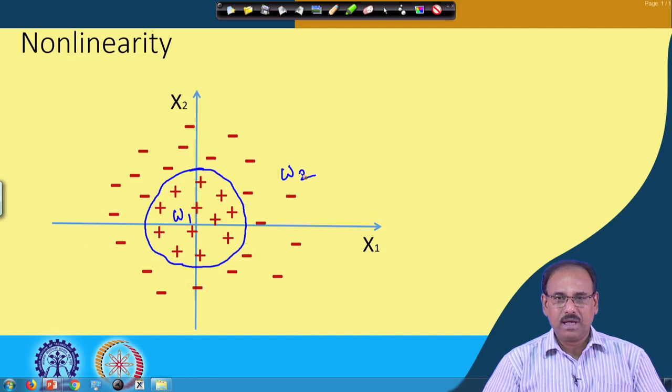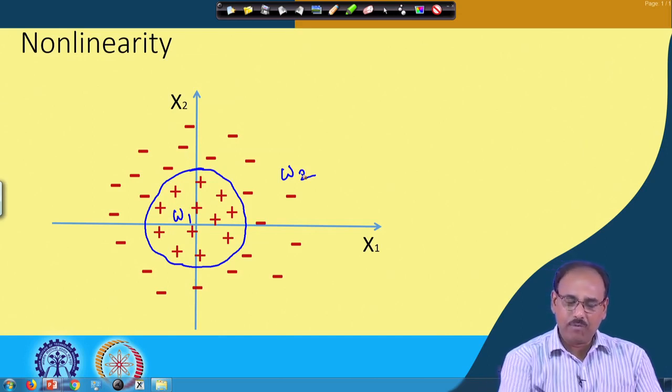In 3 dimensions, I can have a spherical distribution of feature vectors belonging to one class, and outside the sphere I can have feature vectors belonging to another class, and I can have many such complicated distributions of the feature vectors. Given this, you can well imagine that it is not possible to have a linear separator between the classes omega 1 and omega 2.